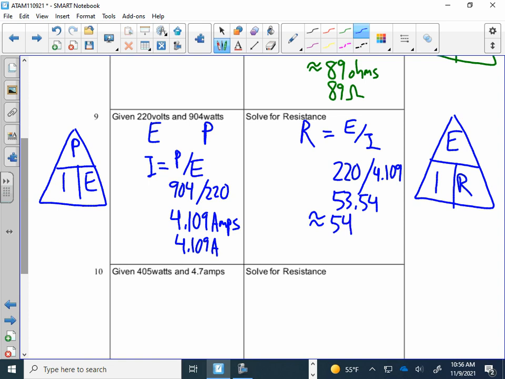Resistance measured in ohms. If you abbreviate it, 54 ohms.